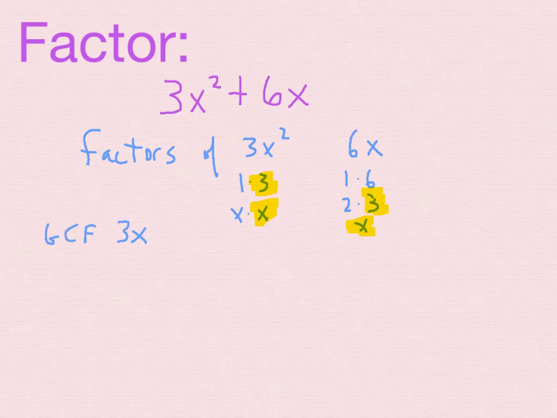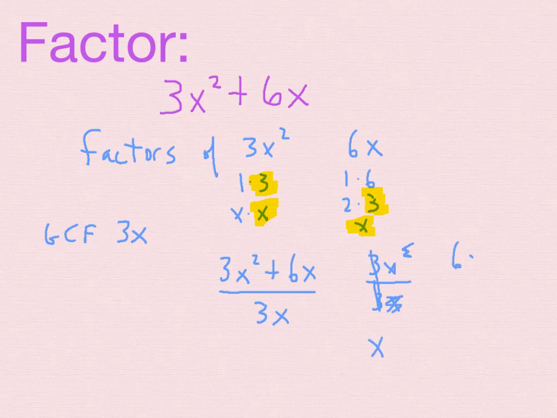So our GCF is 3x. So now I want to take that 3x squared plus 6x and think about dividing by that GCF. Here I've got, again, 3x squared divided by 3x. We lose these, and we lose 1x.